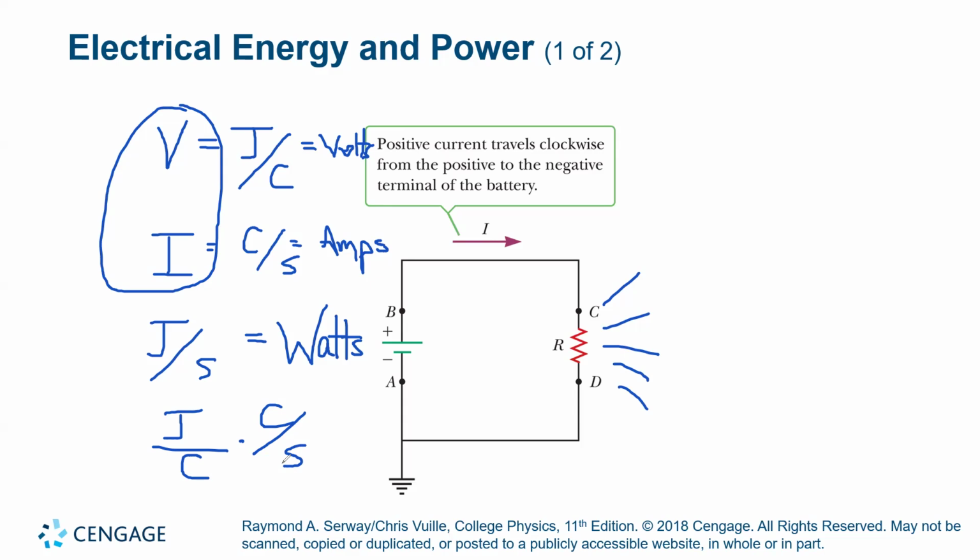The question I have is, how many workers do I have? So I'm going to have to have a current value, which measures the quantity of those worker charges. Each charge is like a strong worker that's about to do some heavy lifting. All right, so voltage times current equals power. And it's a rate of energy flow because it's joules per second.